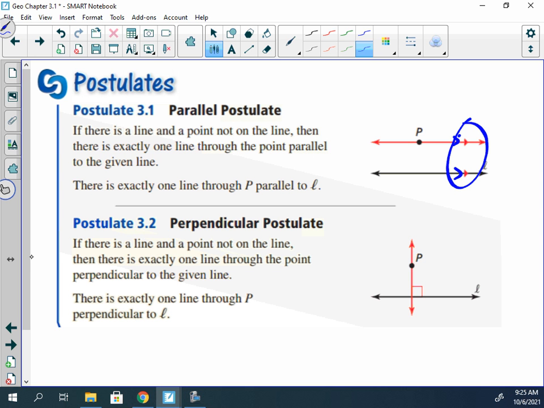So we can have this just like with our congruent segments or congruent angles using the angle marker or hashes. We can do the same thing. Now with lines being perpendicular, we use our right angle marker, because two lines are perpendicular if they intersect at right angles.